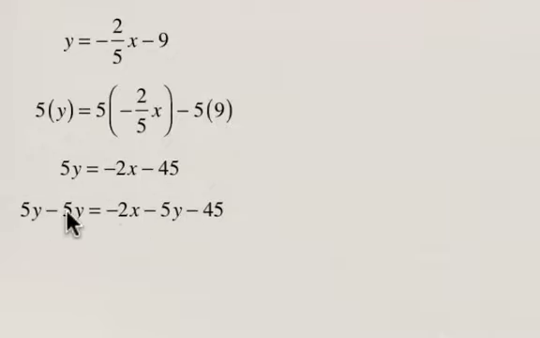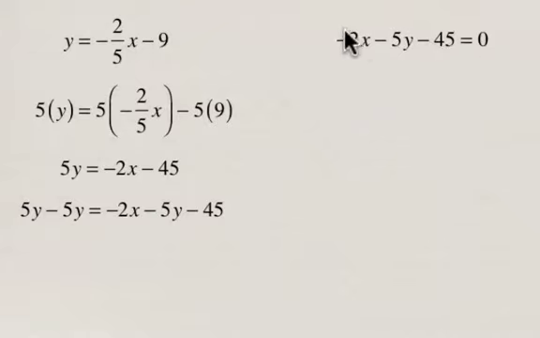When we subtract 5y from both sides, we end up with, rearranged, since we just moved the left side over to the right and vice versa, -2x minus 5y minus 45 equals 0.